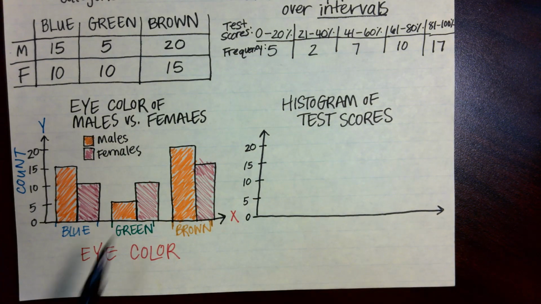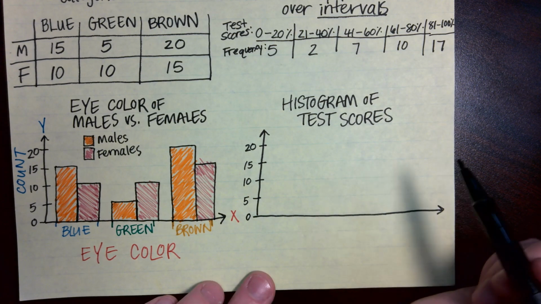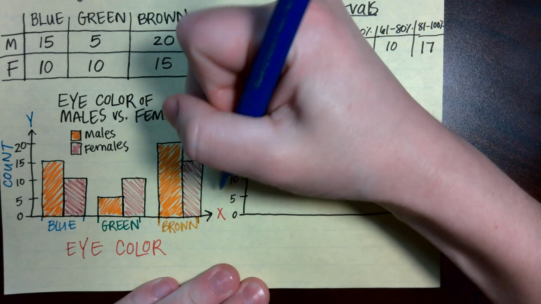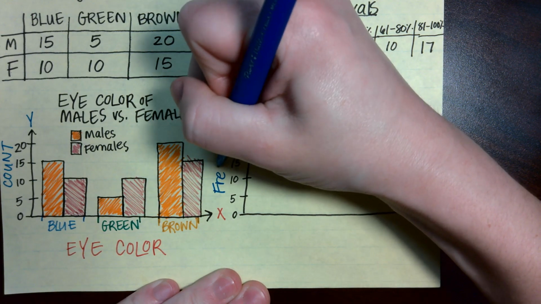And just like a bar graph, you can either write count on this side, or what you'll probably see most often is the word frequency. And that just means how often that score appeared.